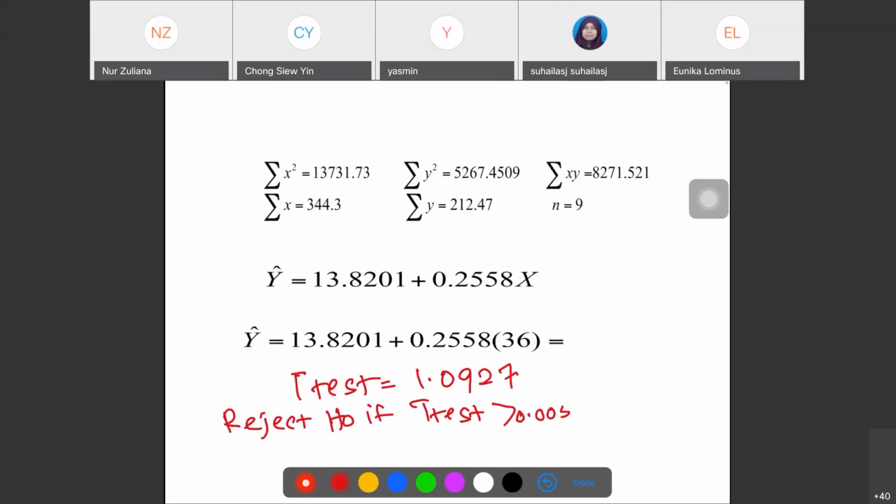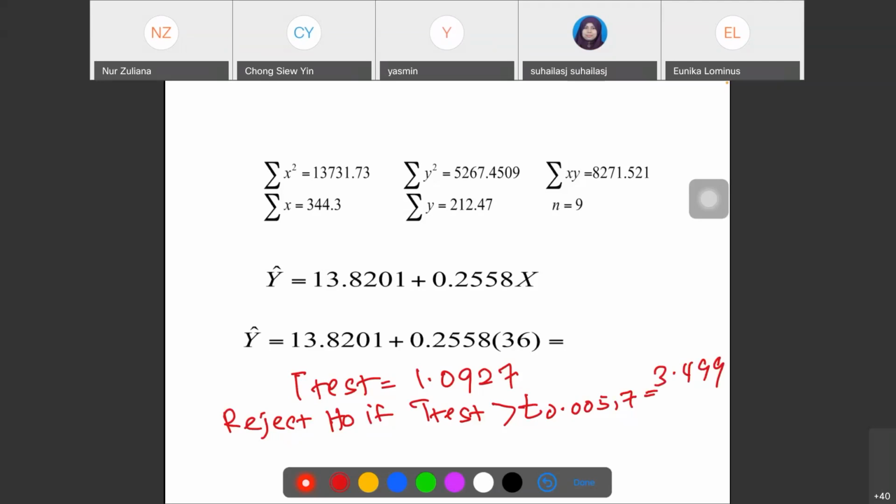N minus 2, your n is equal to 9. So find the value from your stats table. t 0.005 with degrees of freedom 7 is 3.499.